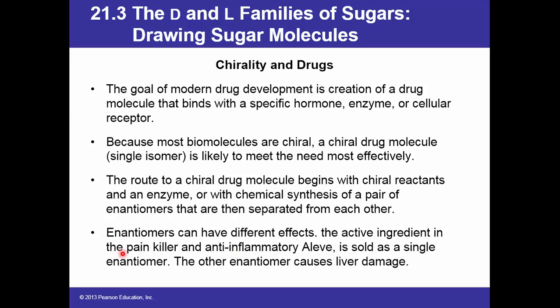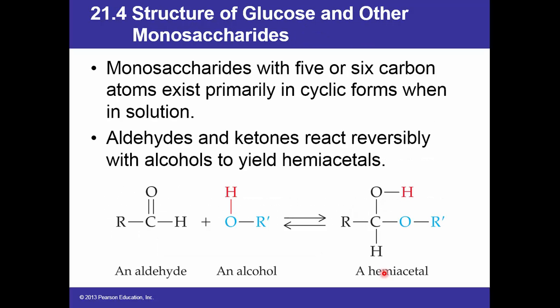In the synthesis of drugs, they take, for example, the D configuration. Maybe this D configuration is a painkiller, and the L configuration causes liver damage. So again, it shows you the importance of drug synthesis in the correct configuration.